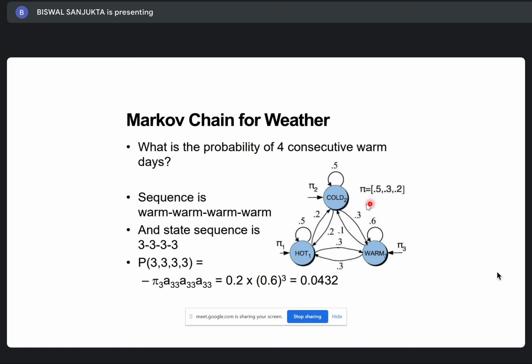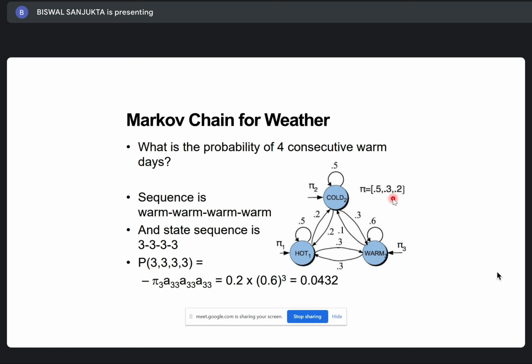This is our initial probability. If I need to find the probability of the sequence warm, warm, warm, warm, it should start with the probability of the first day being warm, which is 0.2, given here.